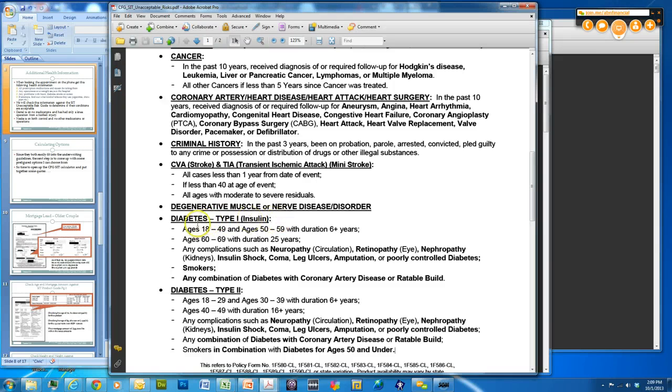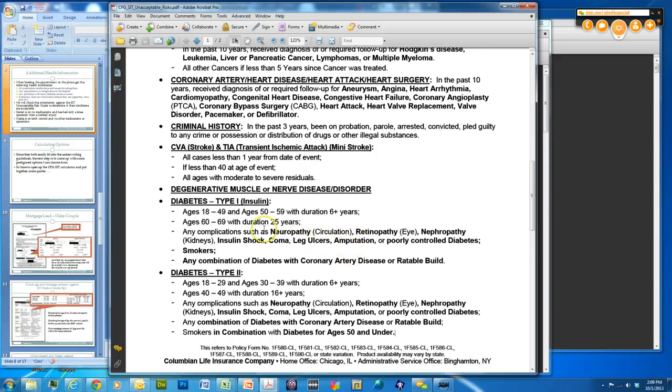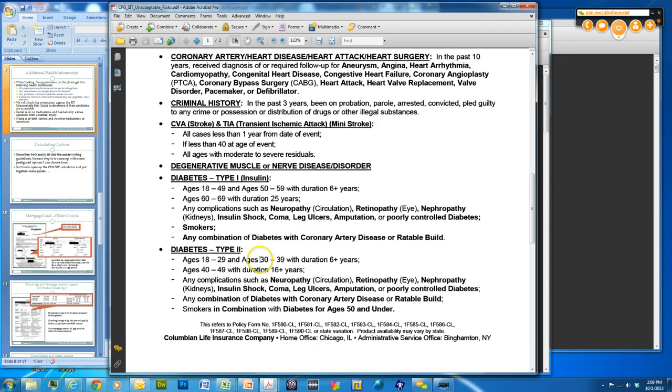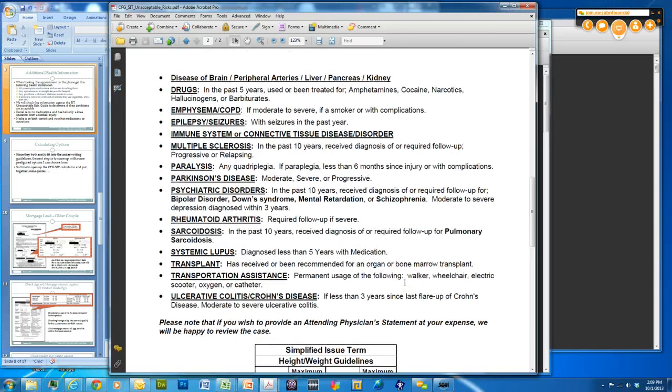Now remember, for insulin diabetics, you've got to read through here and see exactly what the parameters are, whether they're rejected or accepted. Type 2 diabetes, same thing. So pretty much this chart, this document will guide you, okay?